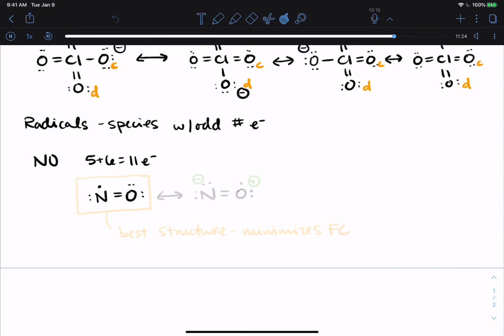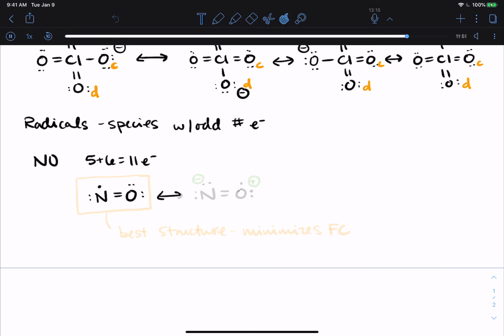What do I have? 2, 4, 6, 7 electrons around nitrogen. I can't make any other bonds. I can't take a lone pair and make it into a bonding pair. I can't move my single electron down because it wouldn't form a full bonding pair. It'd just be that single electron, so we leave it on the atom.